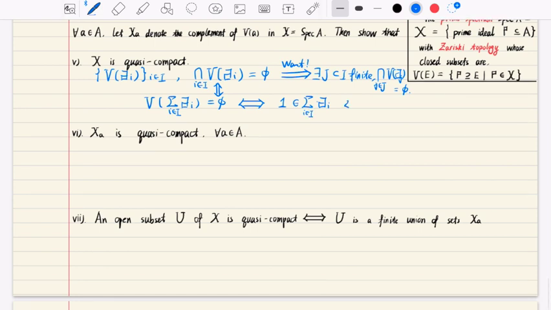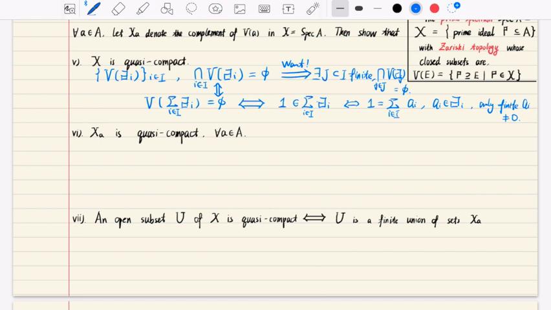In other words, we can find A_i such that the identity is in this sum. But the summation is well defined only if finitely many A_i are non-zero.